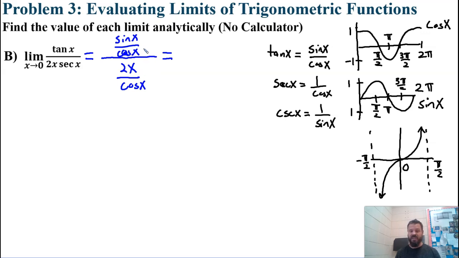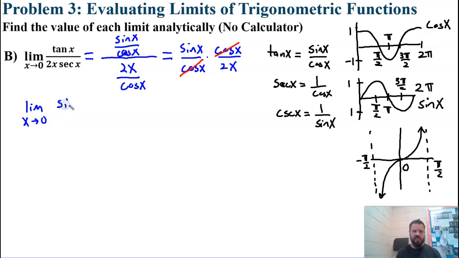I've got complex fractions, fractions within fractions, but we can take care of this division by multiplying the numerator times the reciprocal of the denominator, and when I do that, I end up with a cosine on top and bottom that we can reduce. So now I can rewrite this as the limit as x goes towards 0 of just sine x over 2x.